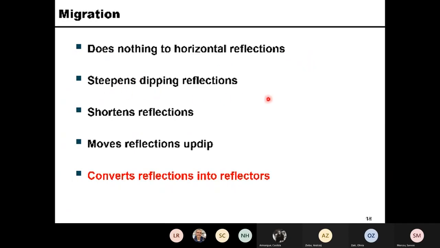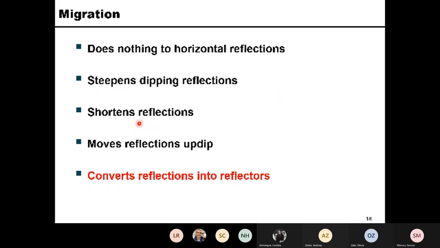And for the dipping reflections in your seismic stack section, after migration, they become steeper, right? So the dipping angle after migration is larger than the dipping angle of reflections. Okay, and generally for the dipping reflections after migration, the reflector size is shorter than the reflections.